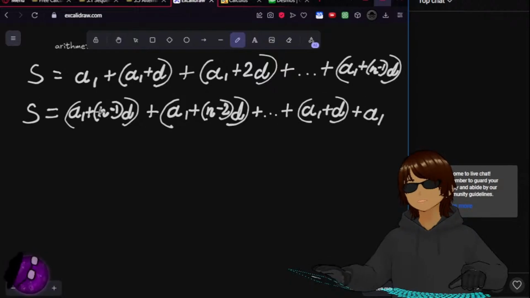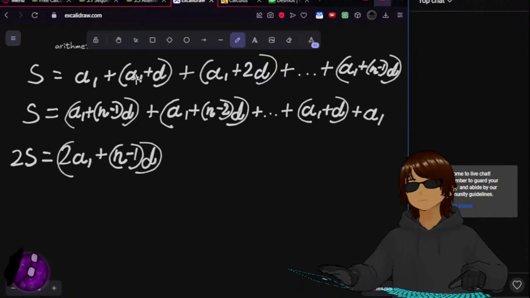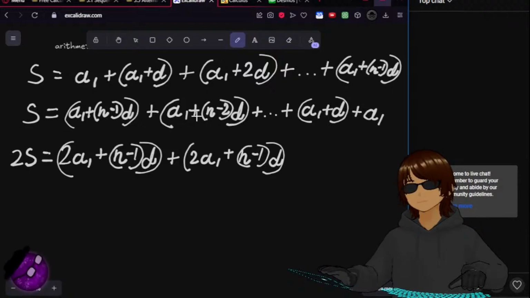If I add all of them together, I get 2S is equal to, for the first one, 2 times the first term plus n minus 1 d. For the second one, I also have 2 times the first term, and then d plus n minus 2 d, which is n minus 1 d. So this and this makes this.